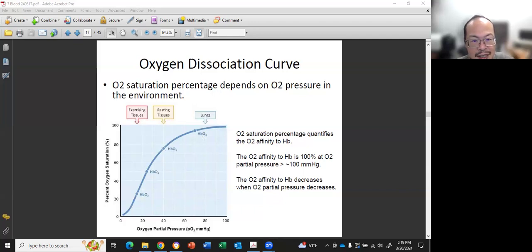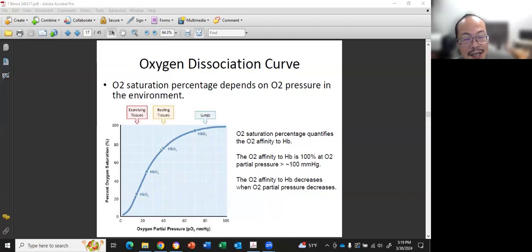Basically, in the beginning, each hemoglobin can carry 4 oxygen molecules, and each oxygen is O2, so you have 8 total oxygen atoms. But now you lose one, you have the other 3. And so your percentage is not 100% anymore. You drop like a quarter of it, so you become like 75-ish.